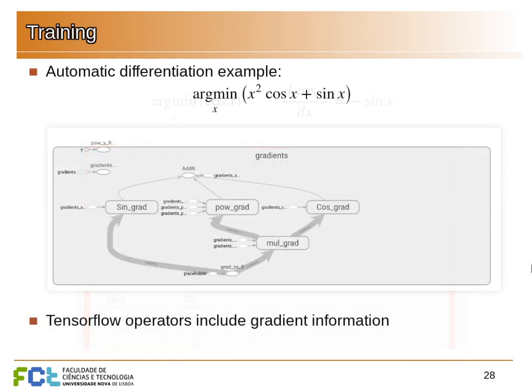So this is what you're doing if you want to minimize this expression, x squared cosine x plus sine x. You also have all the gradients for all the different parts, and the graph of how all the gradients fit together. This is done automatically because TensorFlow knows for each operation what the derivative is and creates the two graphs, the one with the operations that you're using and the other with the derivatives.